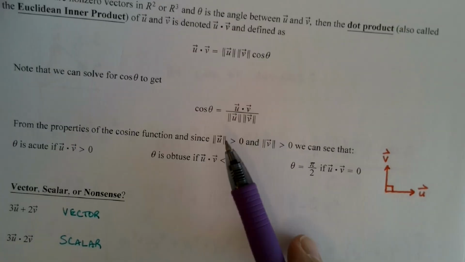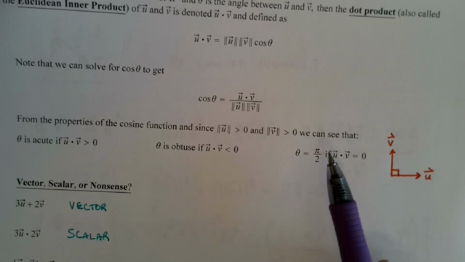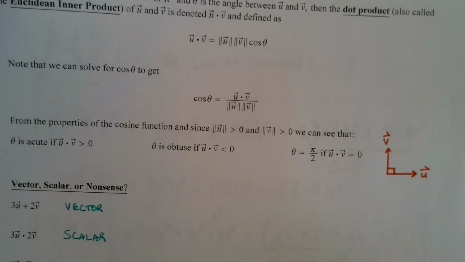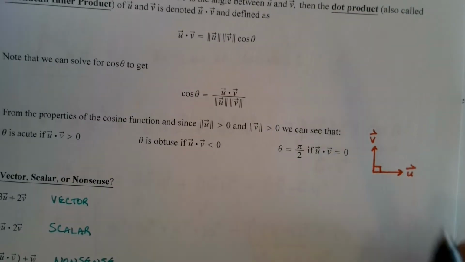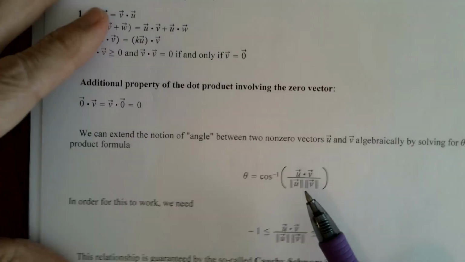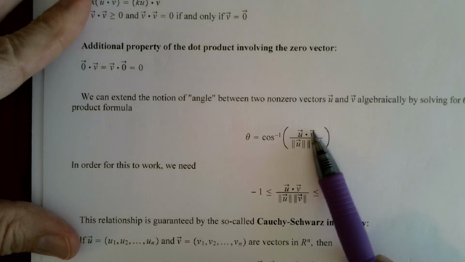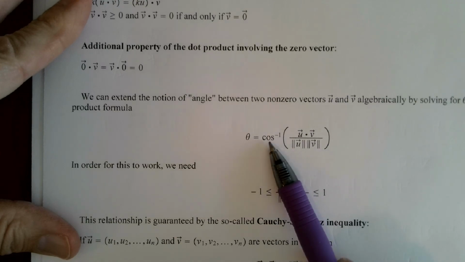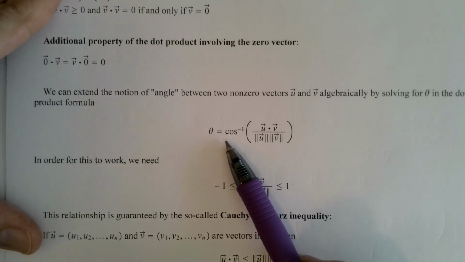Now, that makes sense for 2 and 3 space. We can draw all these pictures and these angles. Well, what about 4 space and higher? How do I draw an angle in that situation? You can't do the geometry there, but we can do it algebraically. But that is provided what? Provided this expression here is in the domain of the inverse cosine function. So you might need to remember and refresh your mind about that.